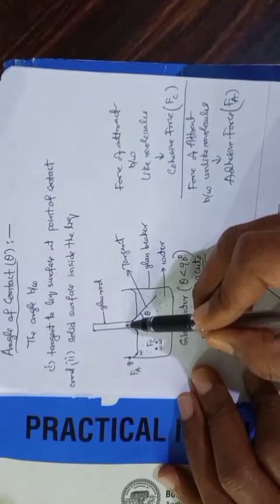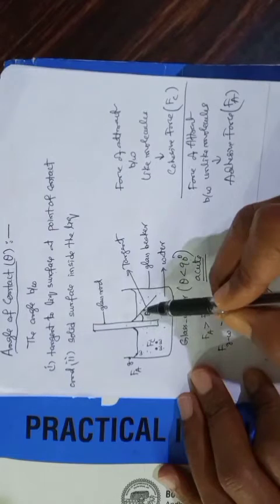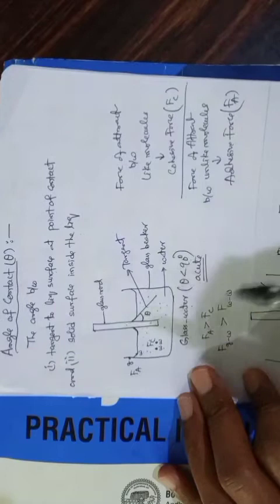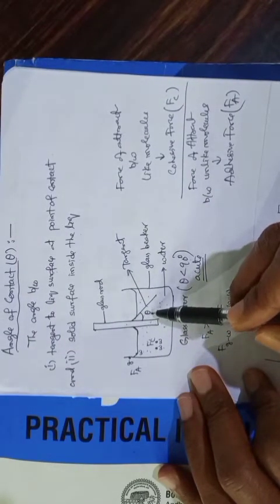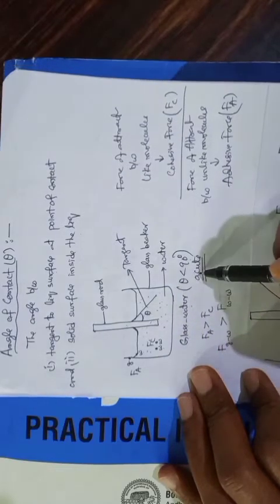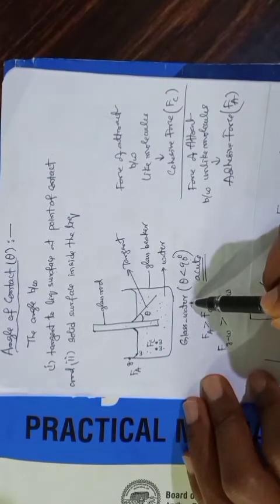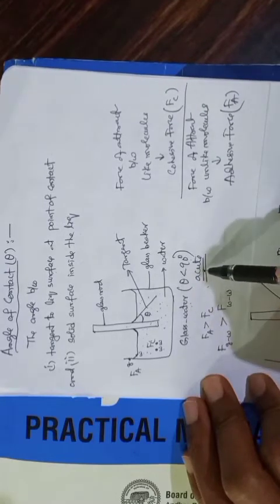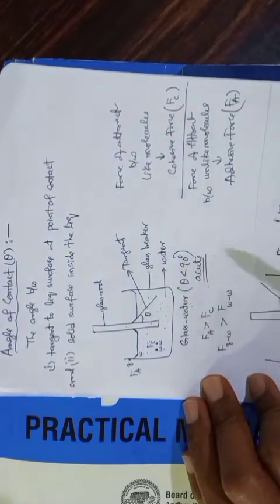The angle between the glass rod in the water and the tangent is called the angle of contact. See, this angle of contact is less than 90 degrees. The angle is acute. So for a glass-water interface we get an acute angle, and when the angle of contact is acute, the fluid tries to rise up.